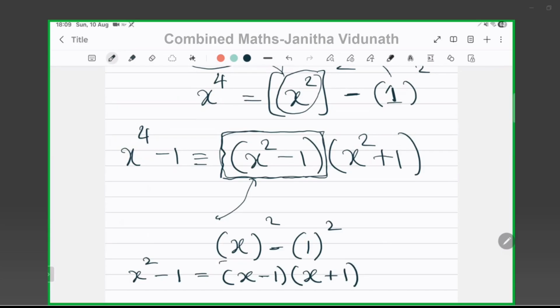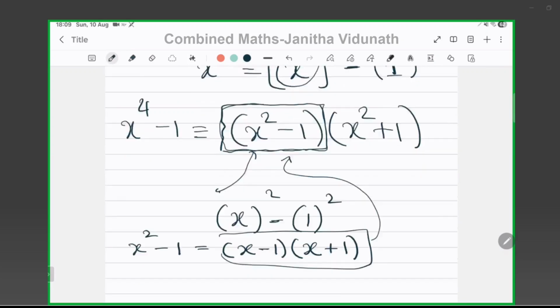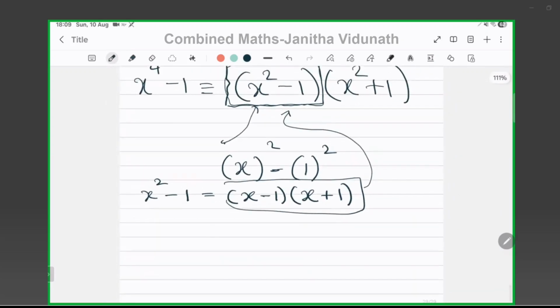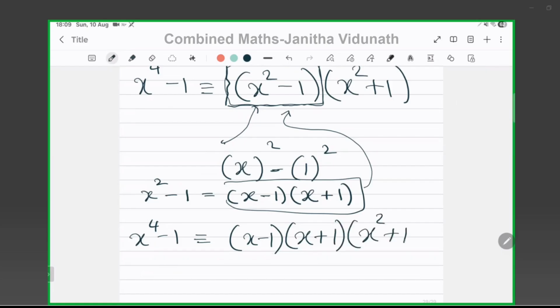Then we can substitute x square minus 1 as x minus 1 times x plus 1. Then we can further factorize this as x minus 1 times x plus 1 times x square plus 1. Okay.